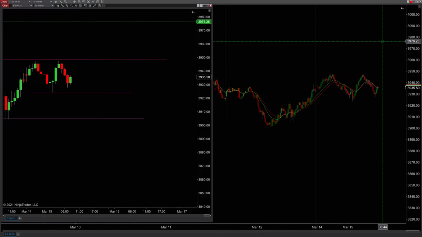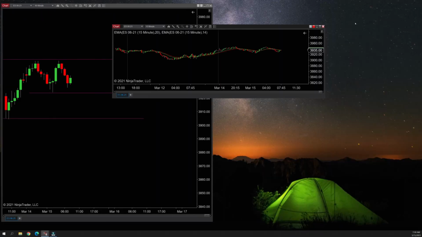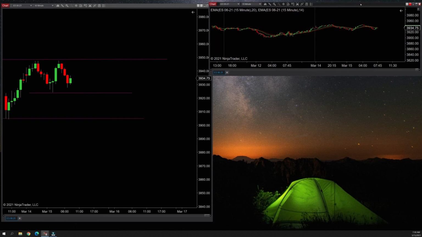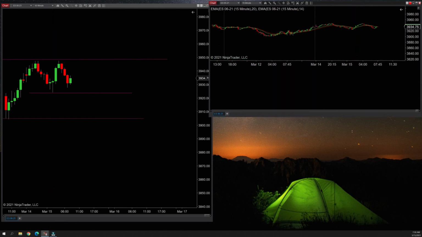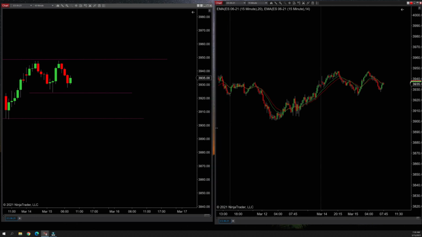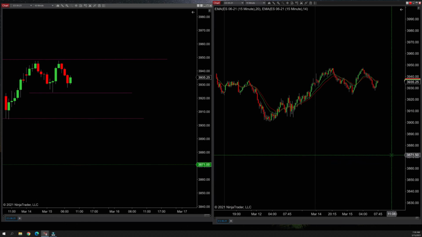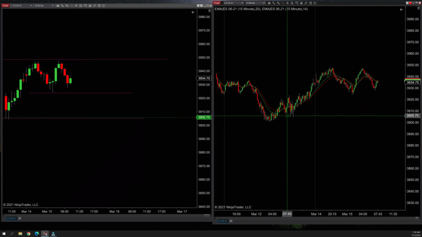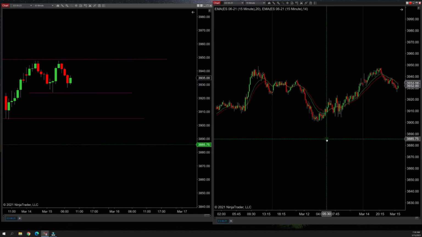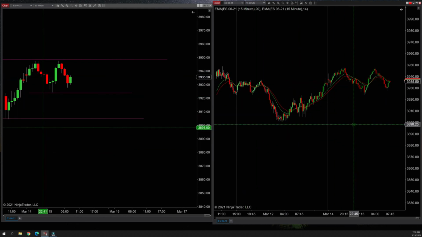But there is the opening of the day here, and on my right chart I have a 10-minute and a 20-minute exponential moving average. It helps me a little bit. Don't think for a minute you could just simply trade crossovers. You'll never make money because there's too many that don't turn into anything.